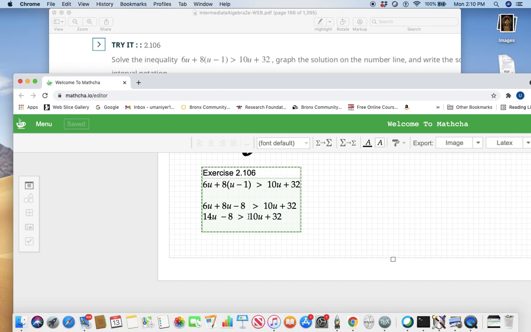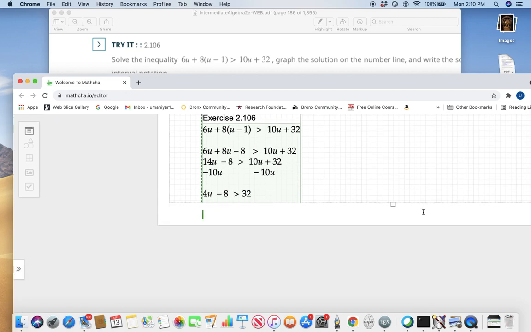Let me bring 10u to the left hand side by subtracting it. Subtract 10u. 14u minus 10u is 4u minus 8 is greater than, 10u minus 10u cancels.